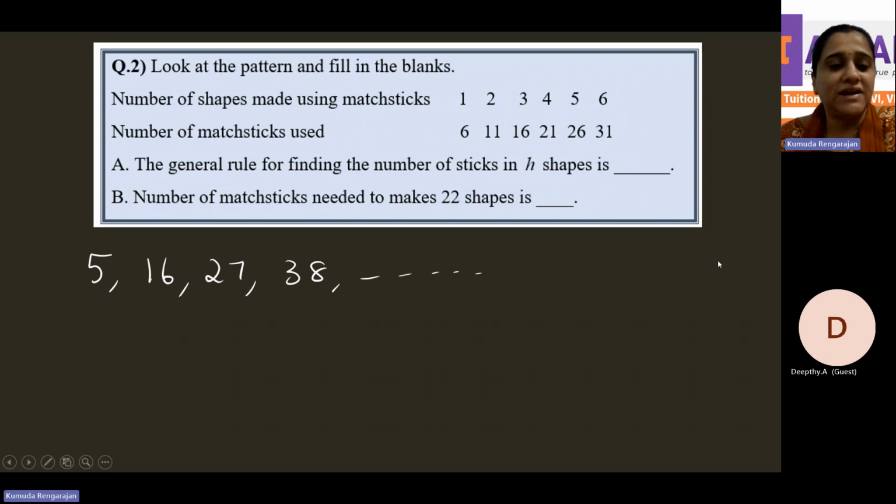So now next, Deepthi, did I ask you for this rule? What's the rule for this pattern? What's the rule for the pattern, Deepthi?